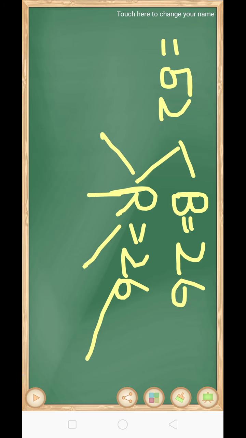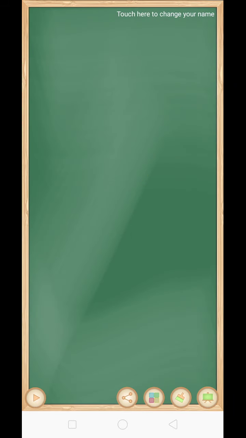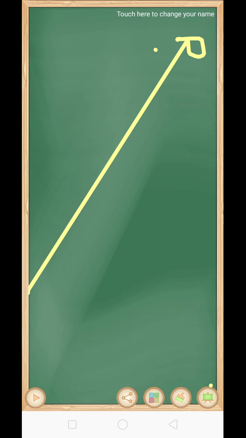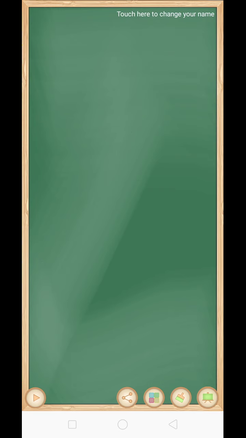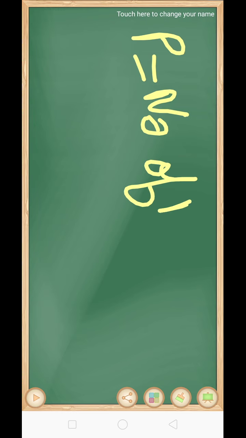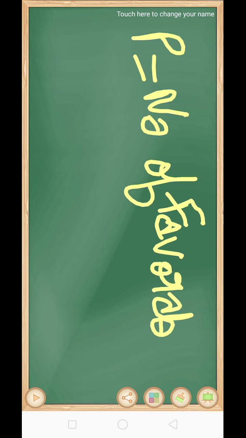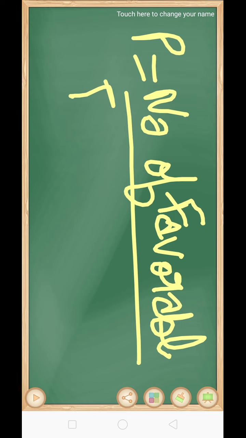We are doing questions on this, where P stands for the number of favorable outcomes upon the total number of outcomes.